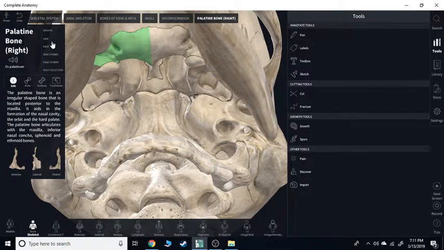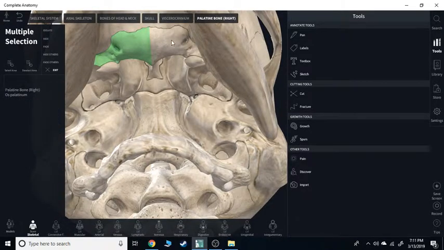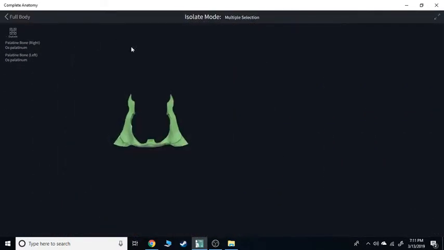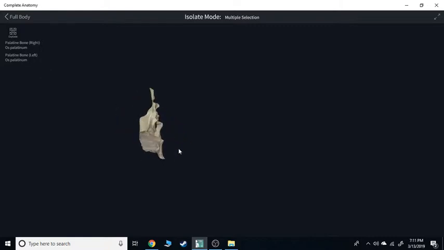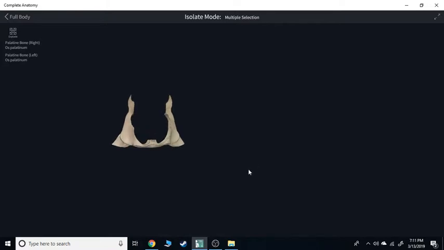Okay. Multi-selection. Isolate. These palatine bones, they have these horizontal plates. These horizontal plates create the posterior portion of the hard palate or the bony roof of the mouth. That's just their main function.